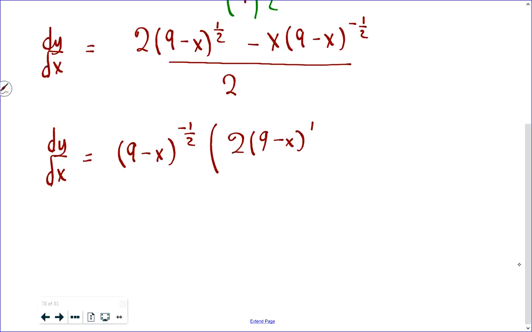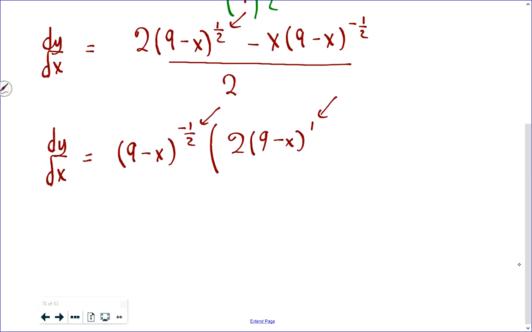It's because the exponent that I put here has to be what I add to the exponent I take out to get the exponent I started off with. And we've factored out an exponent of negative half out of an exponent of a half 100 times.